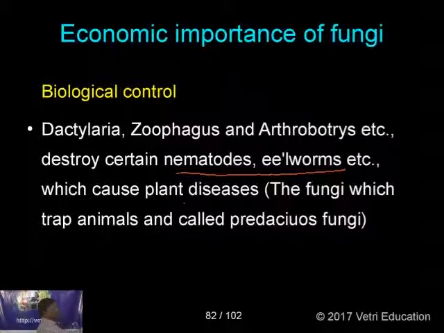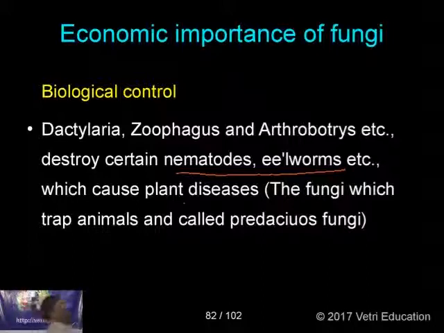These Dactylaria, Zoophagus and Arthrobotrys fungi kill the nematodes and eelworms which cause the plant diseases. How? The fungal hyphae form into knots and they kill the animals.